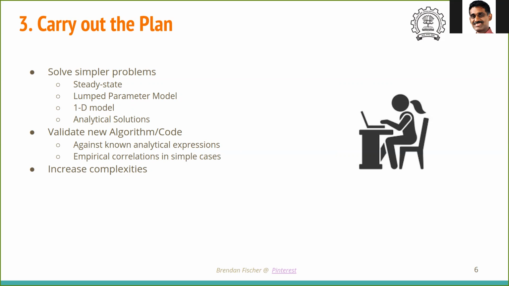What do we mean by simpler? Some things are varying in time. A transient thing, you don't solve the transient, but look for the ultimate steady state. What happens at the ultimate steady state? Or you can do what is called a lumped parameter. Lumped parameter means the system is considered as a whole. You don't consider variations within the system. So suppose something is entering at one temperature and exiting at another temperature.